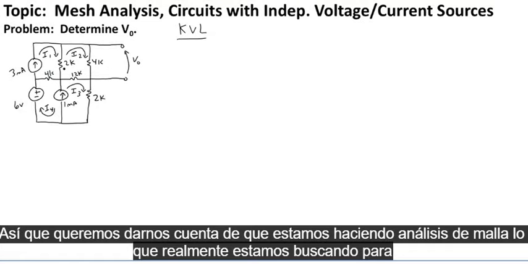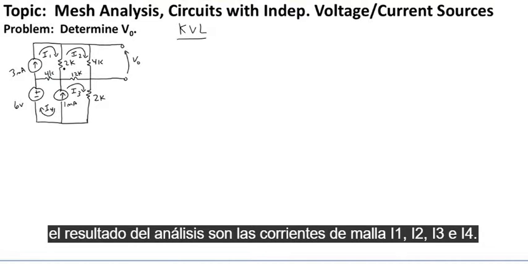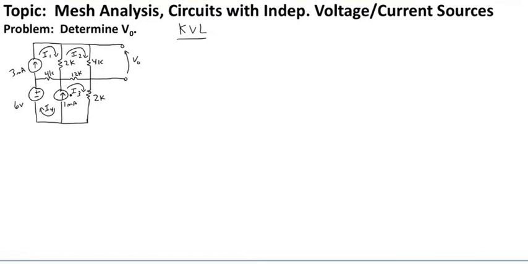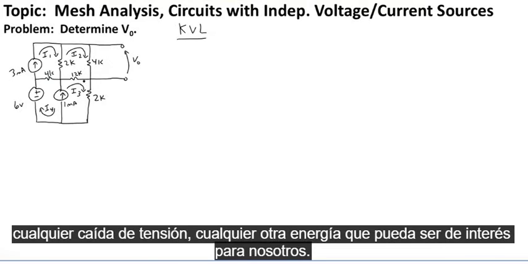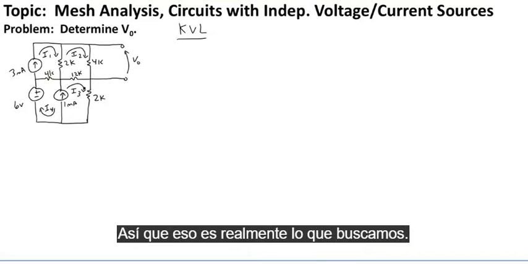So we want to realize that when we're doing mesh analysis, what we're really after for the result from our analysis are the mesh currents, I1, I2, I3, and I4. Once we have those, we can find any other value that we want in the circuit, any voltage drop, any power, whatever else might be of interest to us. So that's really what we're after.